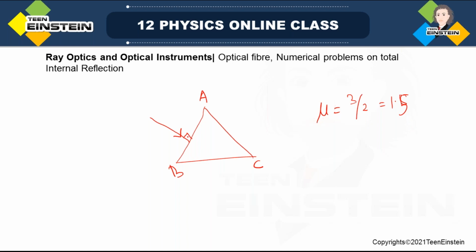Light falling normally to the AB surface, the refracting surface.